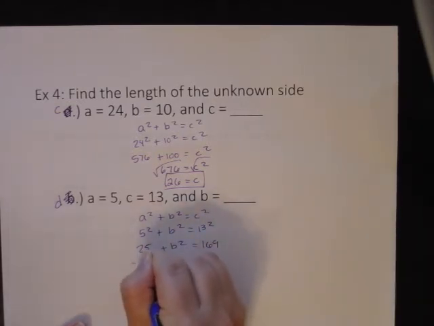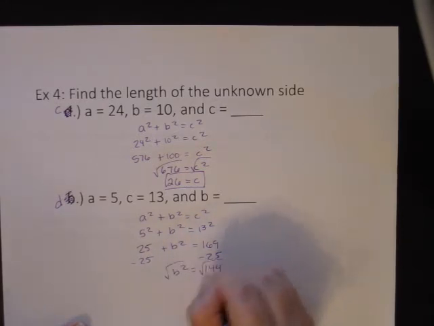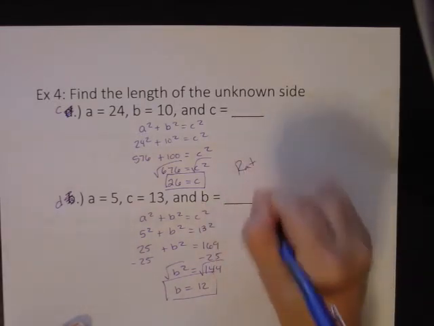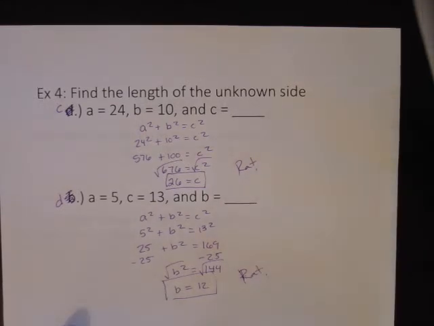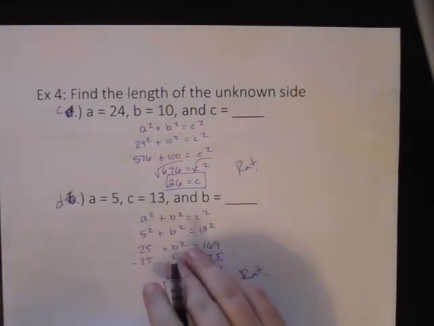I subtract 25 on both sides. So I got B squared equals 144. I take the square root on both sides, so B equals positive 12. And both of these numbers are rational, or you could call them a perfect square. Hopefully you did well on them. I will not give you this formula, so you need to make sure and know it.